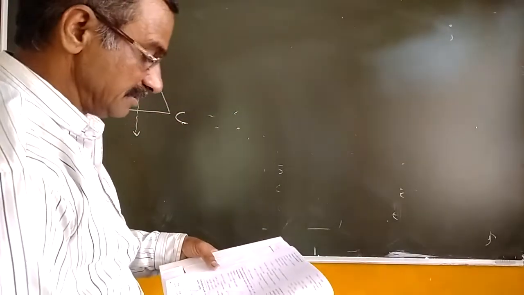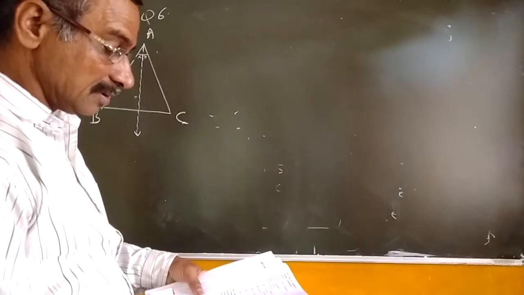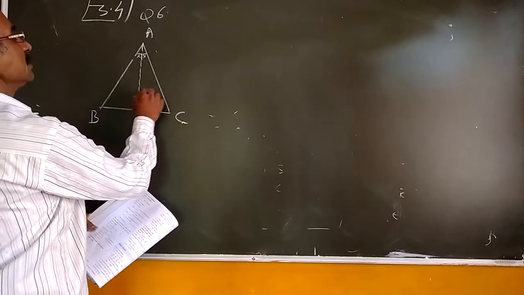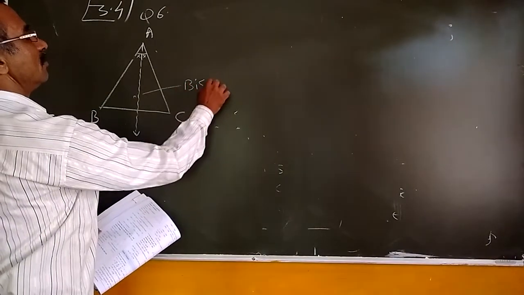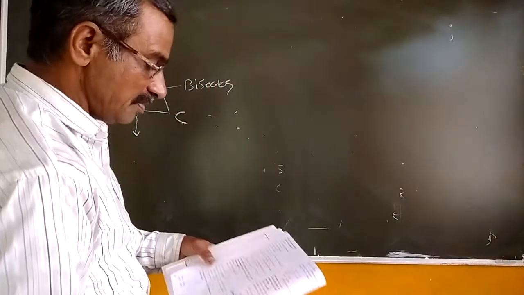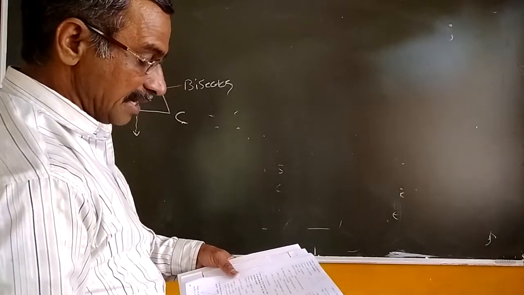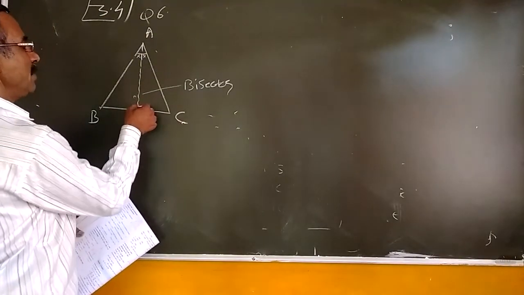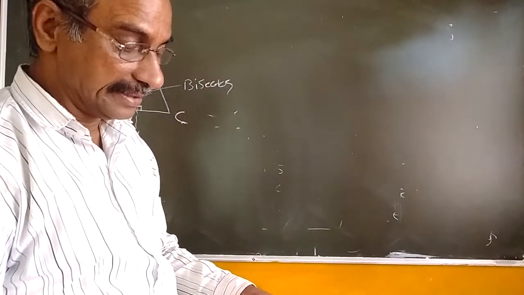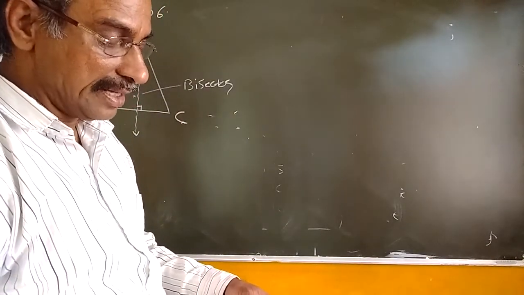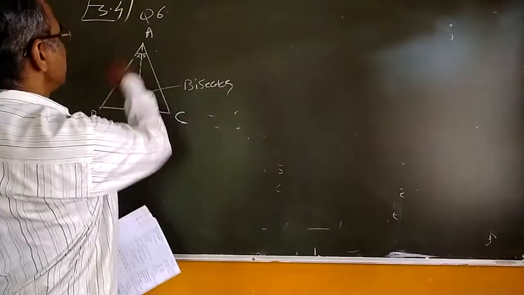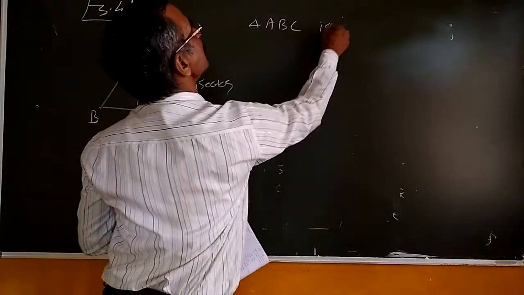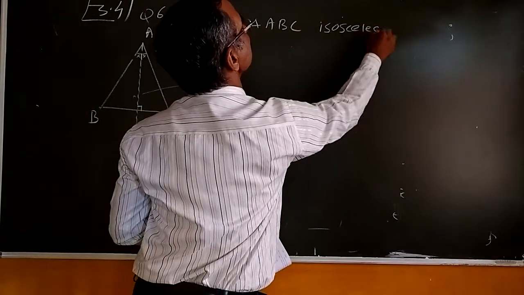So the bisector of BAC, this is the bisector, is perpendicular to the side BC, and the angle made by it is 90 degrees. Then triangle ABC is an isosceles triangle.